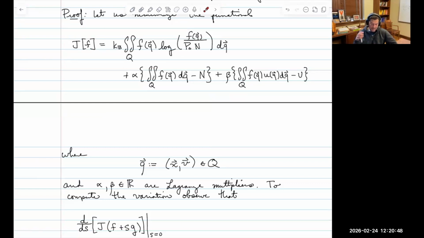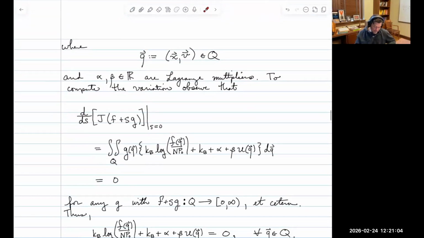It's the same as minimizing minus the entropy, subject to these two constraints, which are taken care of by the Lagrange multipliers. But the whole thing is given by an integral, so it's a functional, not a usual function of a vector. So I'm going to use this variational derivative technique that I hope some of you have seen in calculus of variations or optimization or in some other course.